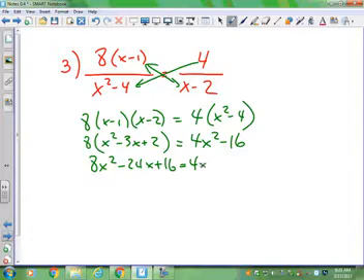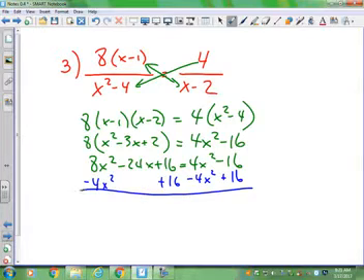So then I'm going to bring it all to one side. So I'm going to take 4x squared away and add 16. That gives me 4x squared minus 24x plus 32 equals 0, because 4x squared minus 4x squared is 0, and 16 and negative 16 make 0.